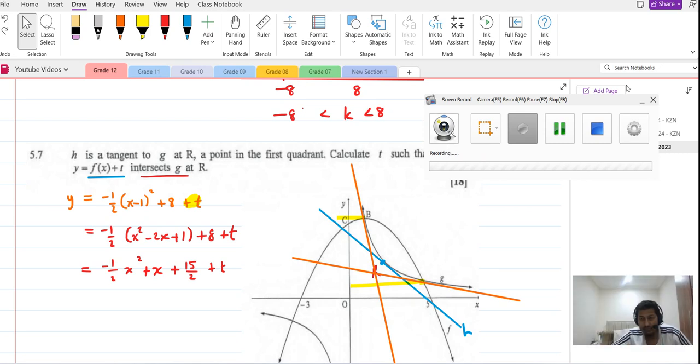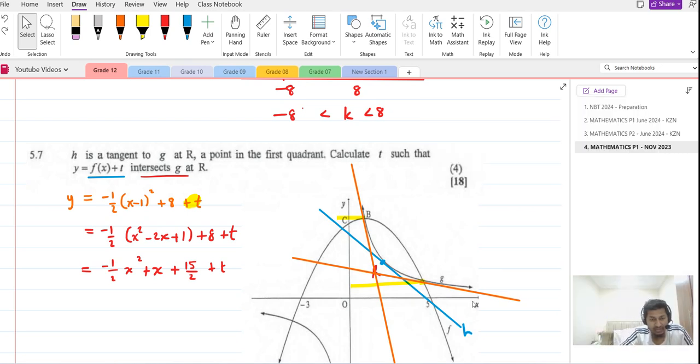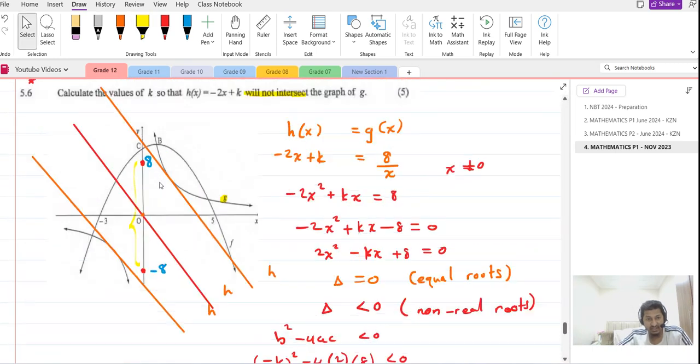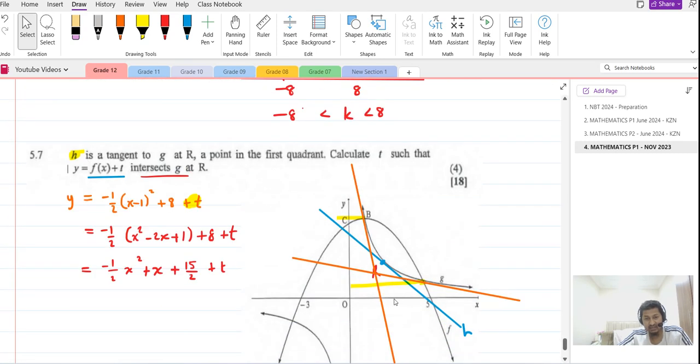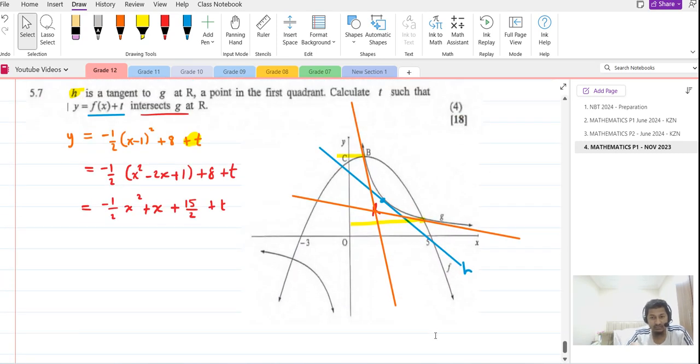So basically what you need to do here is remember, h is a tangent. What is h? H is basically this graph here, minus 2x plus k. The graph of h is equal to minus 2x plus k. Now we are interested in this minus 2, so I'm going to take those lines out.